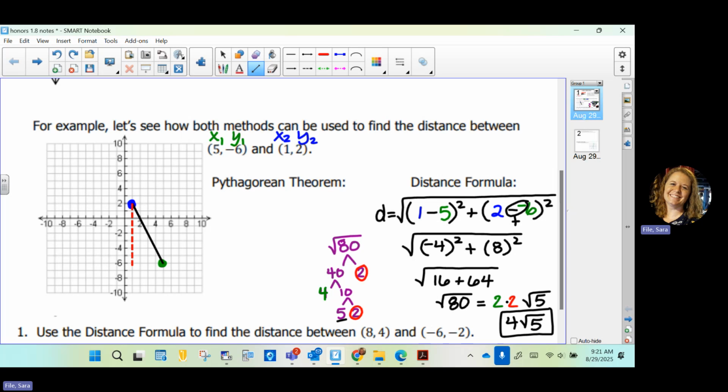I'm going to count the vertical distance and the horizontal distance to make my right triangle. Vertically from 2 to -6, that's 8. And horizontally from 1 to 5, that's 4. So I could simply come over to this formula and plug those in. So 8 and 4.